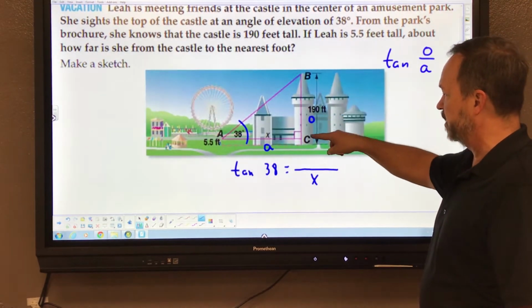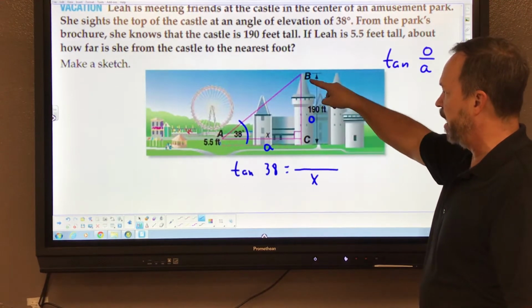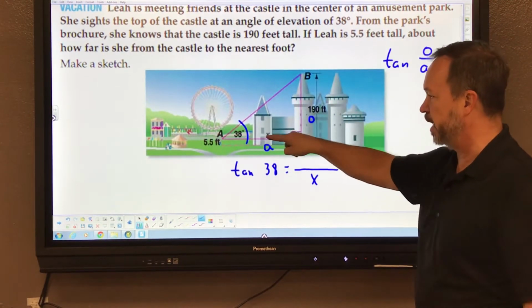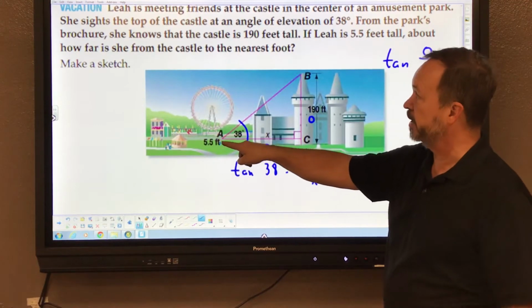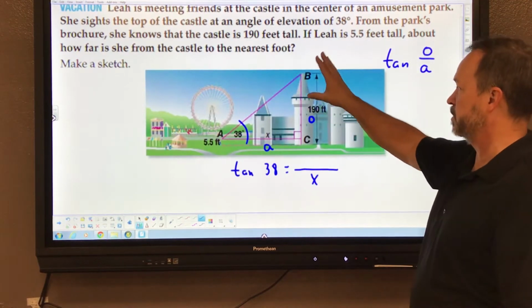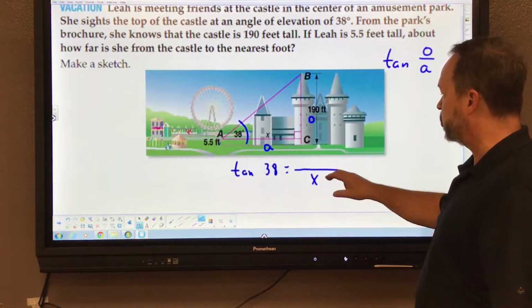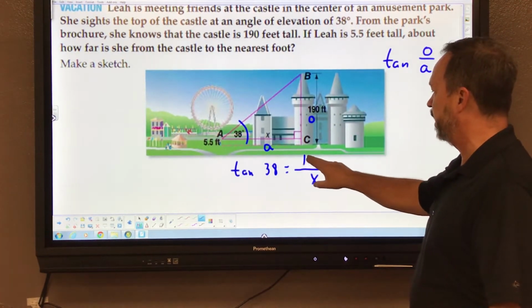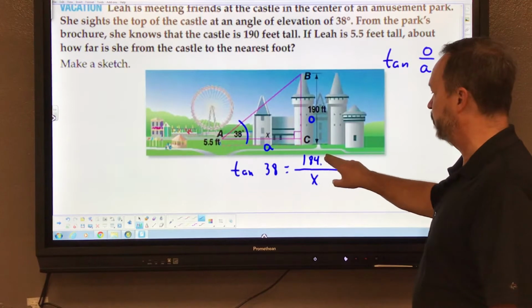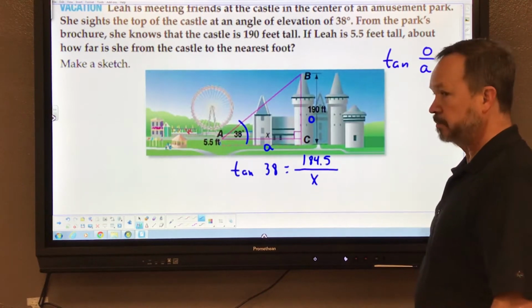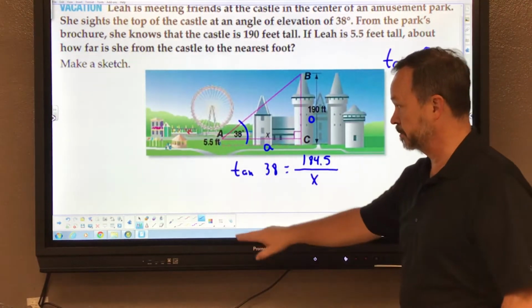What's the length of this opposite side of this right triangle that we have with Leah and the castle and the top of the castle? Well, how long is that right there? And if you said it's 184.5, you're right.